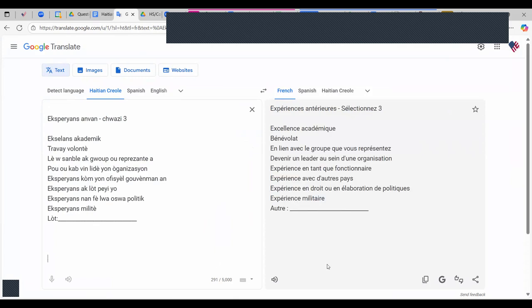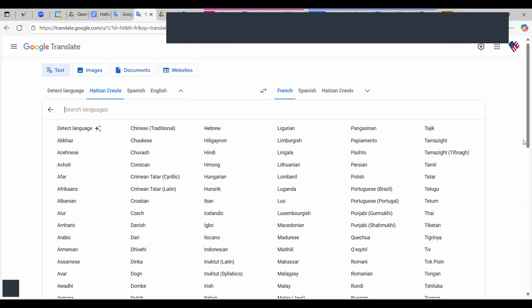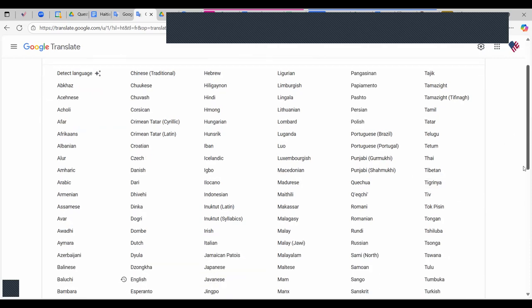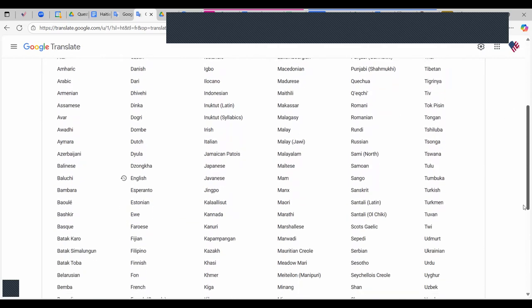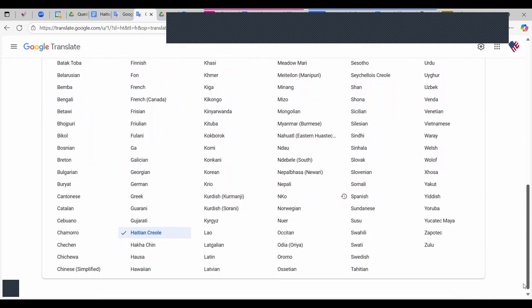So again, it's quick and easy to adapt it for the group that you'll be working with. As you could probably see, there are literally hundreds of languages available, so it's very unlikely that you would not be able to do it for the people in your class.